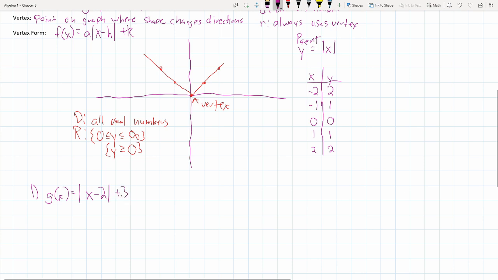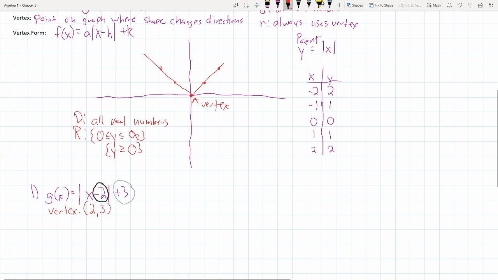The first thing we can get is the vertex. The vertex is given by h and k. This is going to be our h, this is going to be our k. And so our vertex is located at (2, 3).